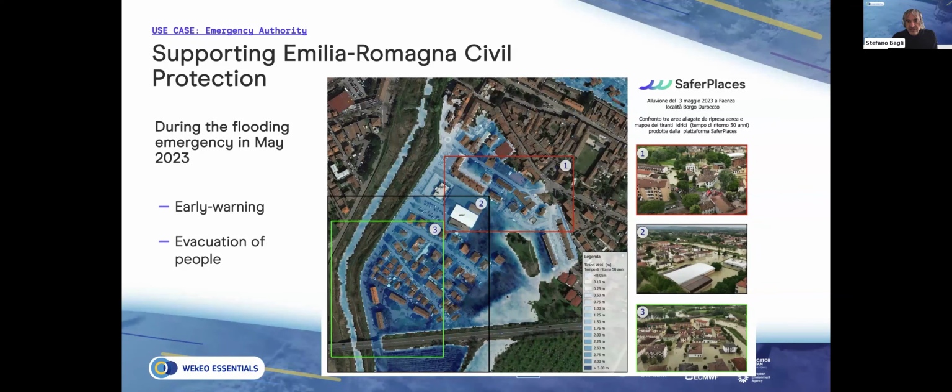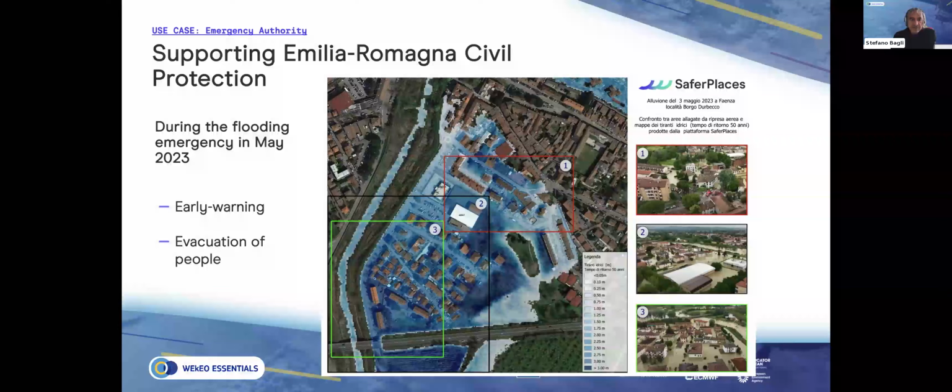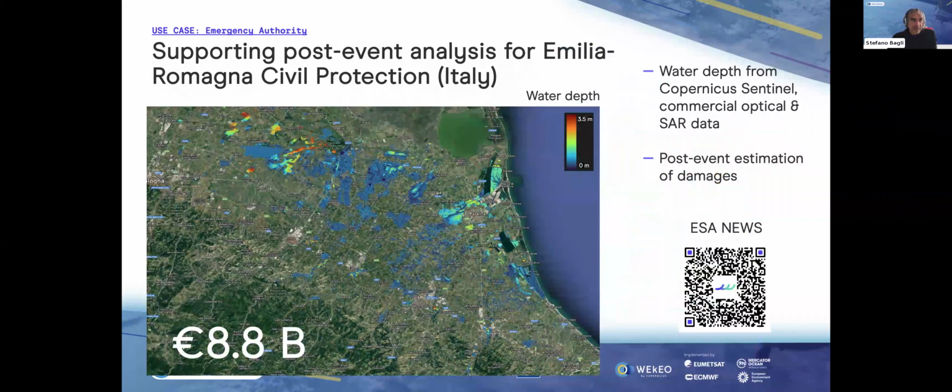On the right, you can see after the event, because at the end we had an event in this area. You can see the comparison, which is pretty amazing in terms of replicating what had been forecasted by the model. This is possible thanks to the LiDAR dataset that is available in this area.